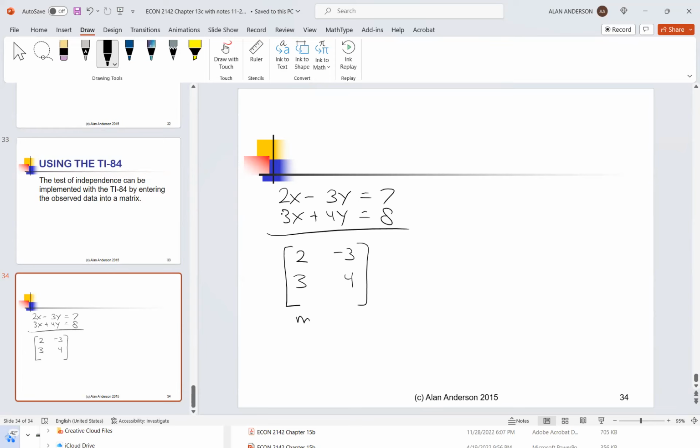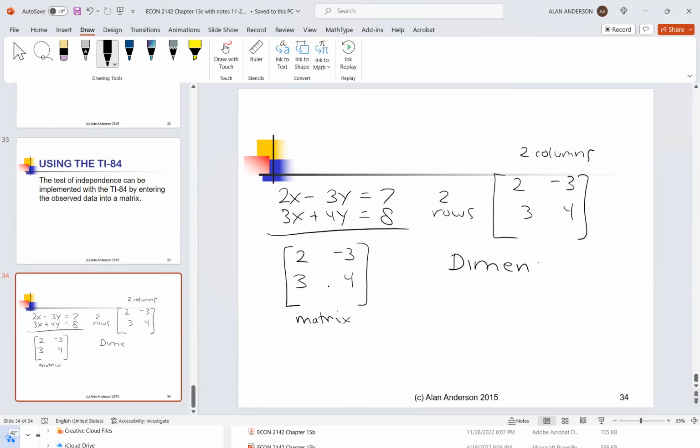This is a matrix which contains the coefficients of X and Y. And we notice that it has two rows and two columns. And so its dimensions are said to be 2 by 2, 2 rows, 2 columns.